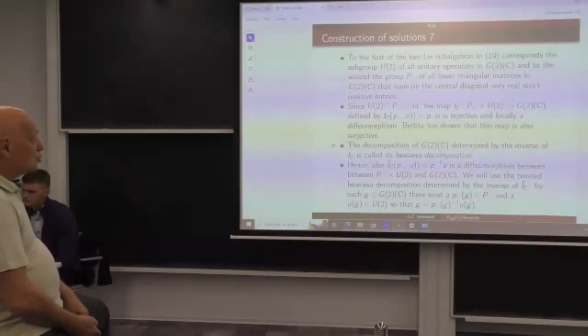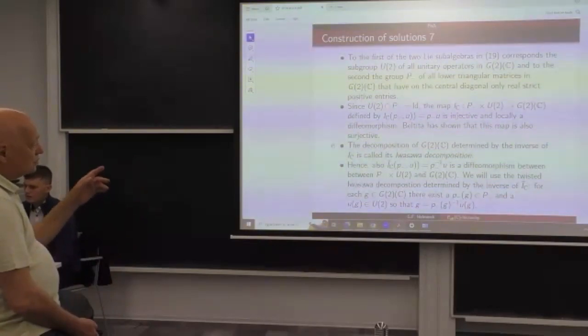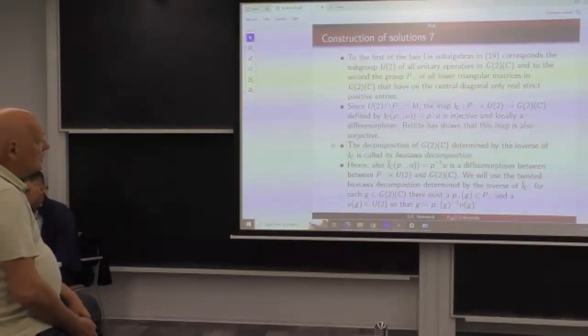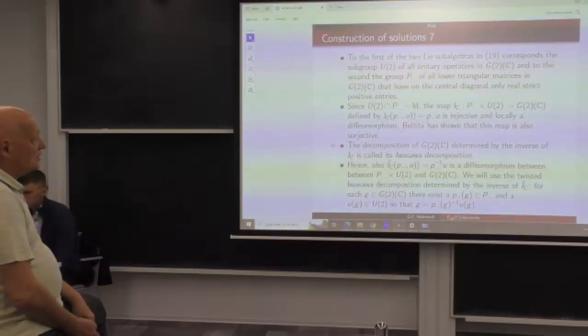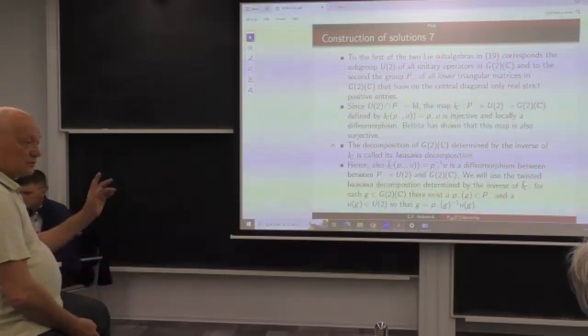Now, those two groups have no intersection, and if you look at the map from B minus times U2 to G2C, simply multiplying B minus with U, then this map is injective, a local diffeomorphism, and it has been shown that it is even surjective.